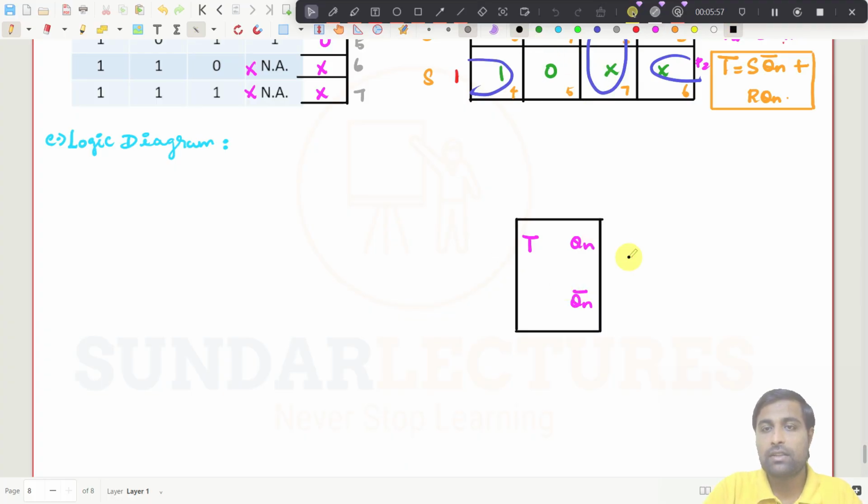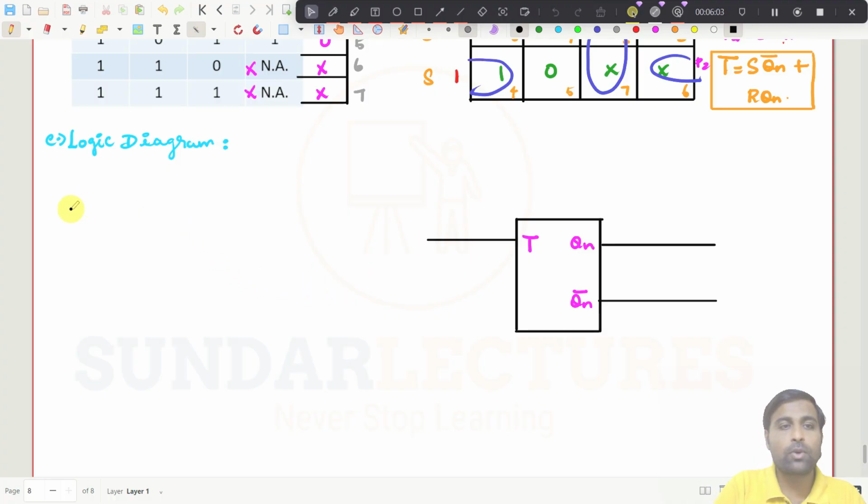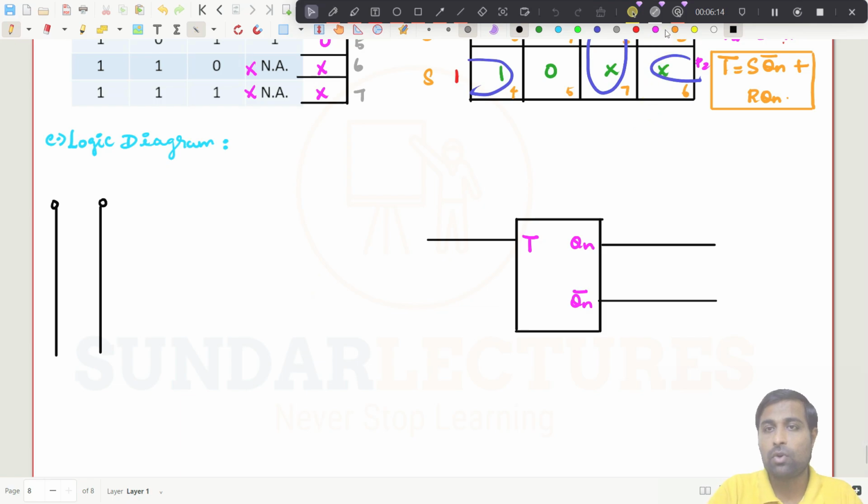So you have this one with you. What are the two inputs you are having? Both inputs are S and R, right? So the inputs are S and then R, and this is T flip flop. You know this one. So what is the idea?